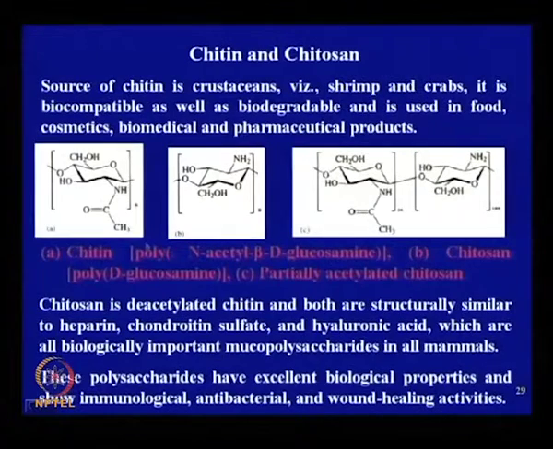The cells of those things contain chitin. There is a naturally occurring polymer having such formula. You see, these groups are there. Carbohydrate like moieties with some substitutions, acetyl groups. Now, chitosan is a deacetylated chitin.